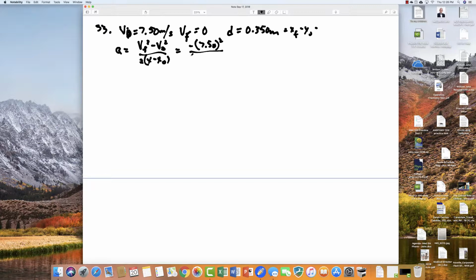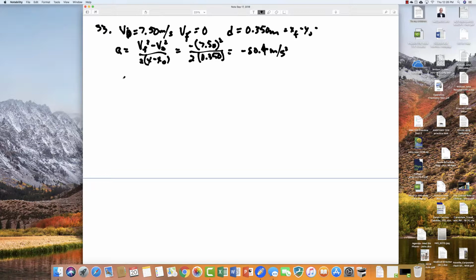And the distance will be 2 times this number right here, 0.350. And if we do the math here, we get negative 80.4 meters per second squared. And it's a negative because it's in the opposite direction that he is traveling, or it's a deceleration.